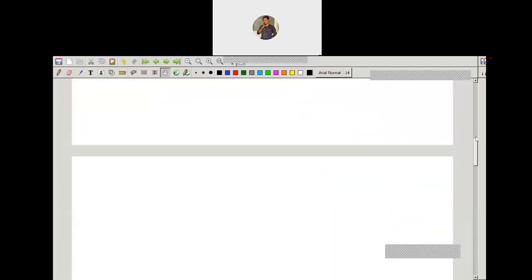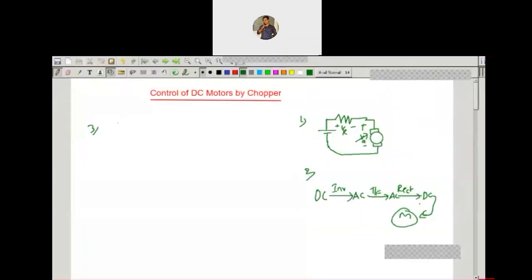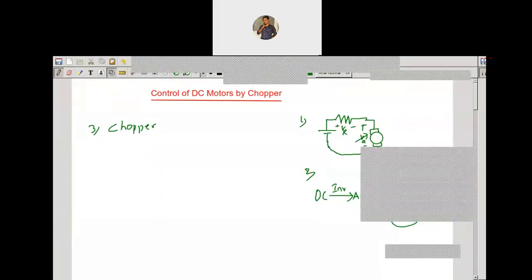Now we talk about one more controlling method, and a very good one, that is by using choppers, right? You are already well acquainted with the chopper, which you studied in your first semester of power electronics. So what is the main operation of the chopper?